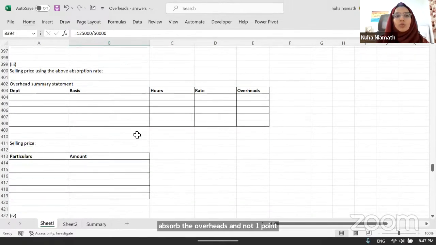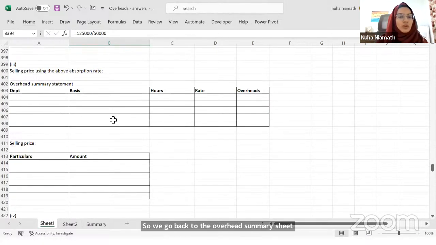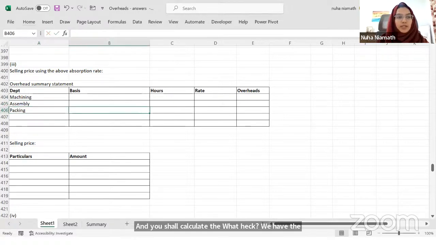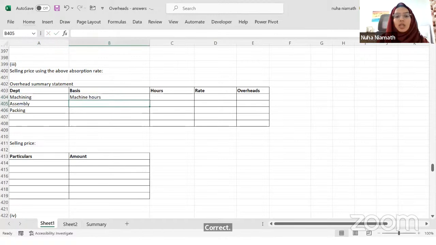So we go back to the overhead summary sheet and we shall calculate the overhead amount. So we have the machining department, we have the assembly department, and we have the packing department, correct? Machining department will use the machine hours.